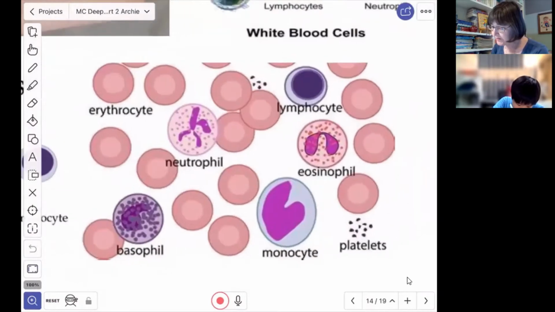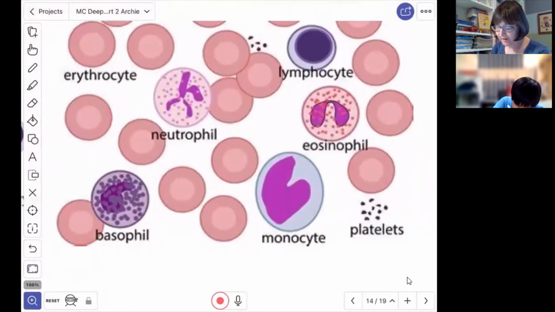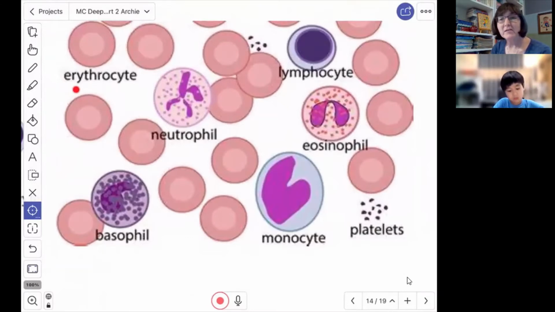And here's one more illustration showing the red blood cells and then the 5 types of white blood cell. Now, a fancy name for the red blood cell is this up here. It's called the erythrocyte.